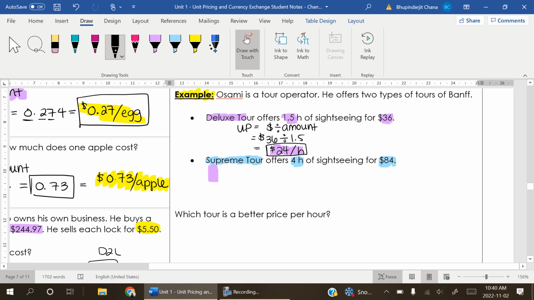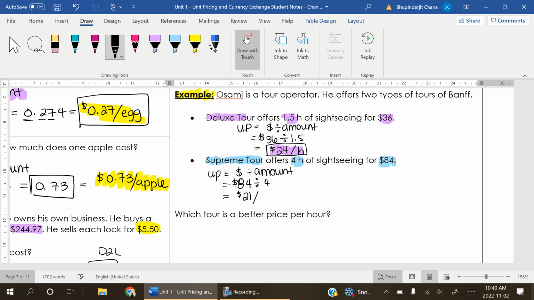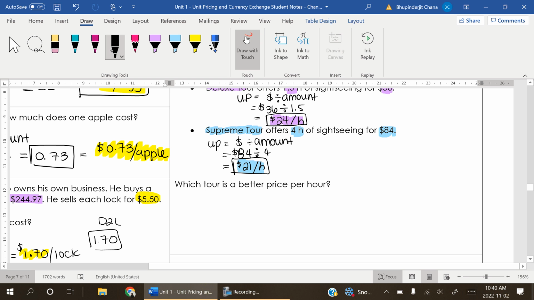The next one for the unit price, again, you take your amount of money divided by your amount. We've got $84 divided by 4 hours. Okay, let's plug that into our calculators. 84 divided by 4. This one is $21 per hour.